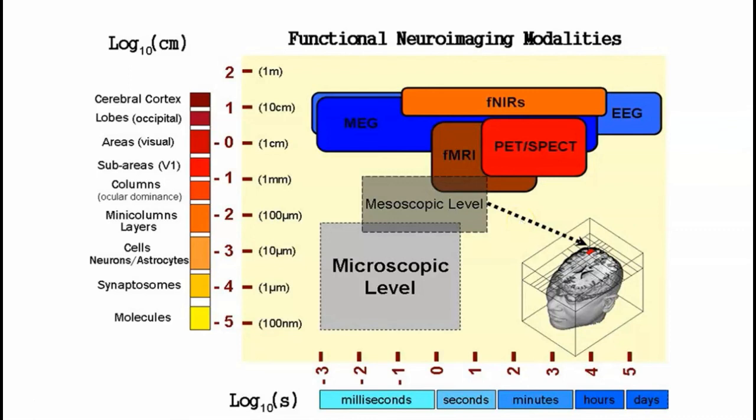At the moment, there is no single most effective neuroimaging modality. This is because each modality has different temporal and spatial resolution advantages and limitations.